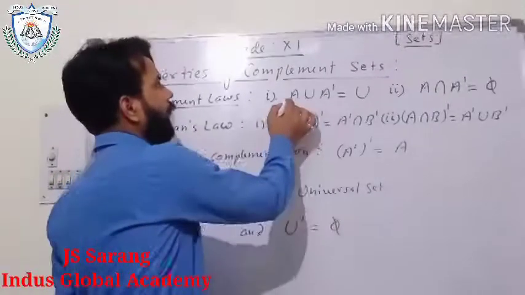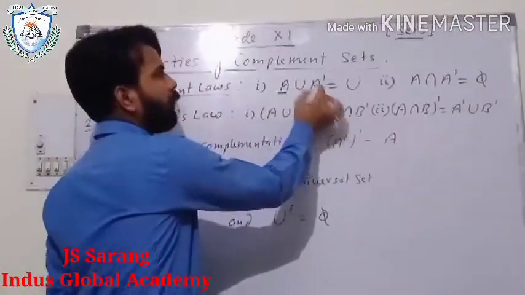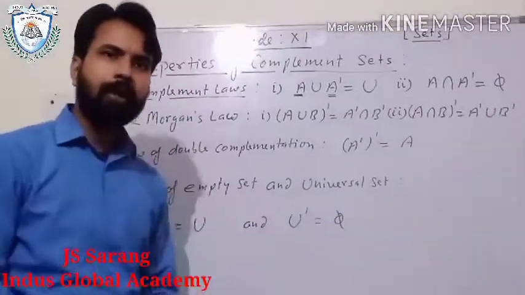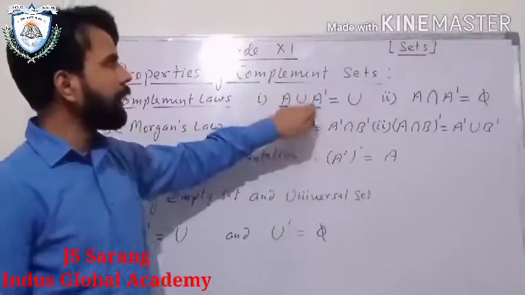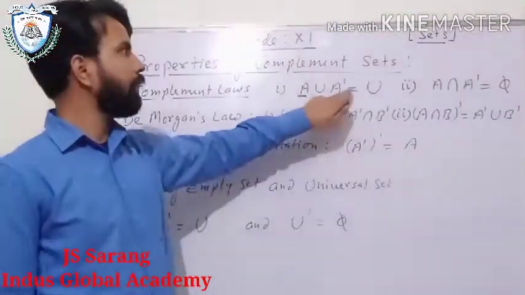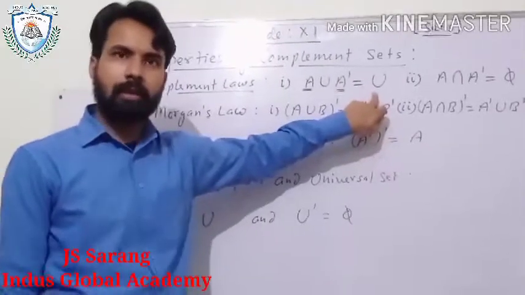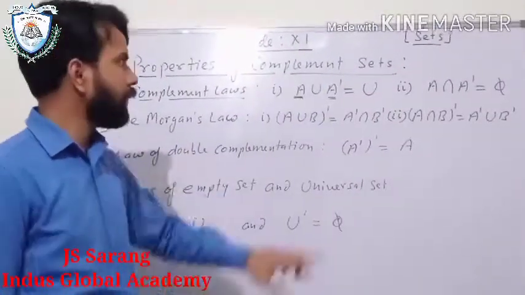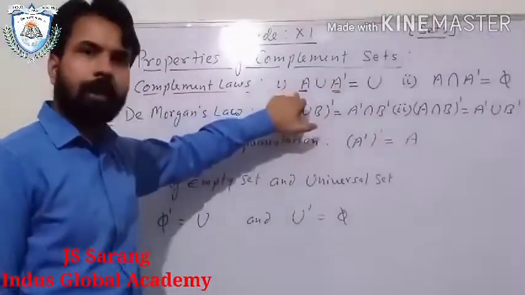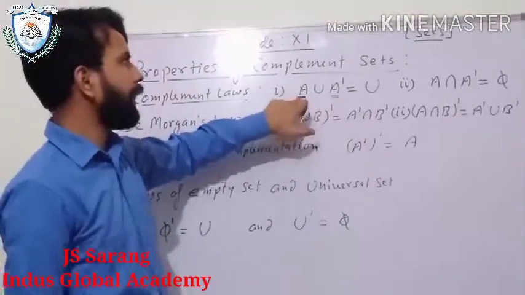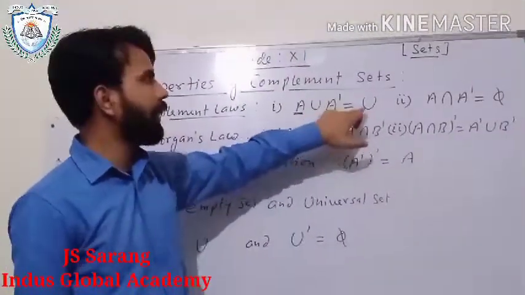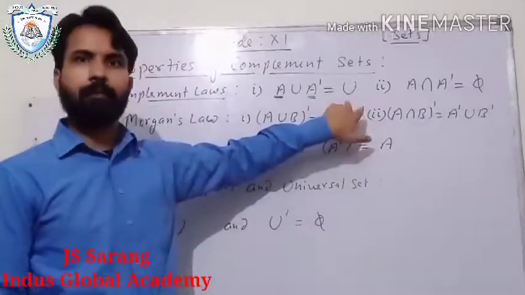What is A union A complement? If we want to find the union of a set and its complement, A union A complement, then we will get the universal set. Understood?